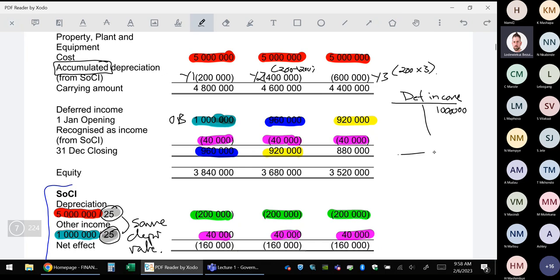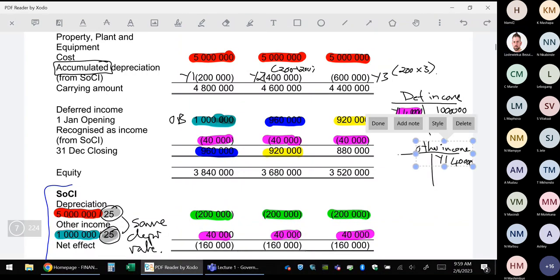Then we recognize the first year and we're going to say year 1, debit 40,000 to deferred grant income, and then other income or grant income in year 1 is 40,000. All right, and that's where that 40,000 comes from. Oops, sorry.